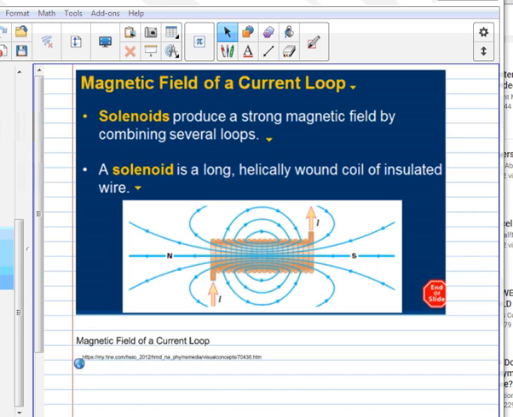I need to use a different compass because that one is backwards. Let me use this one. All right, so I turn it on, and it moves.